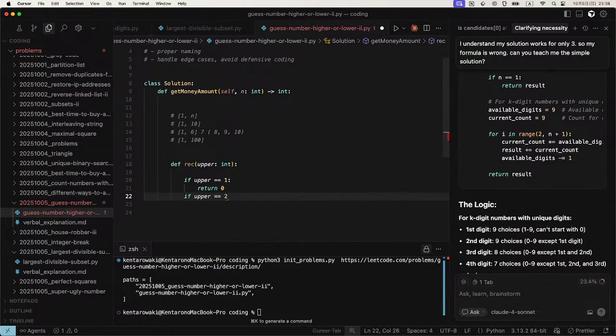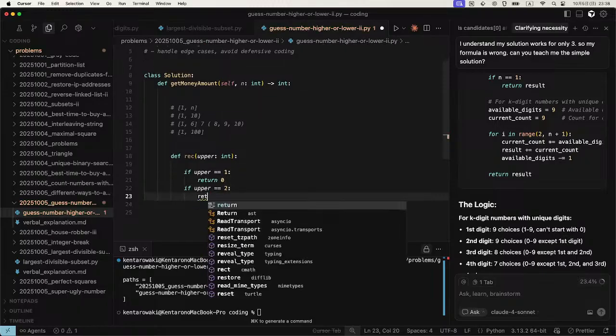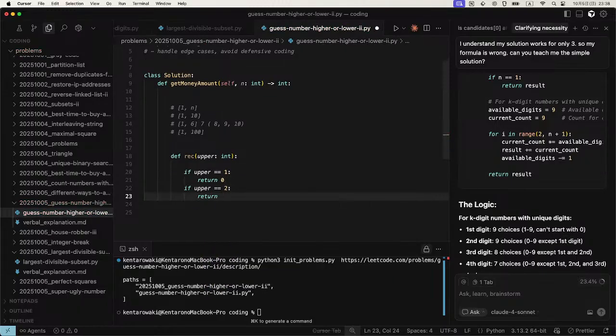If upper is 2, for the worst case, guessing 1 and the answer is 2. So we pay for 1.